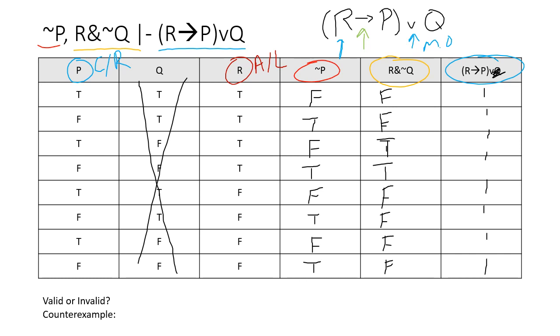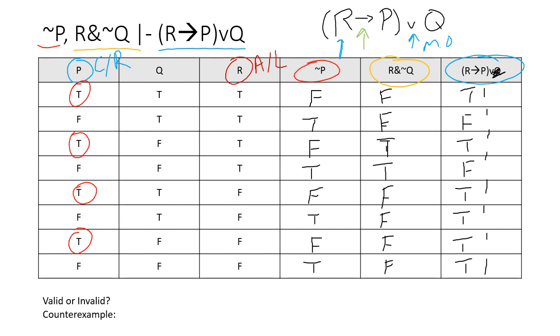And so what we're looking for are instances in which the left side, or the antecedent, is false, and the right side is true. And so those are all going to be true, false, true, false, and then the rest of them are true.